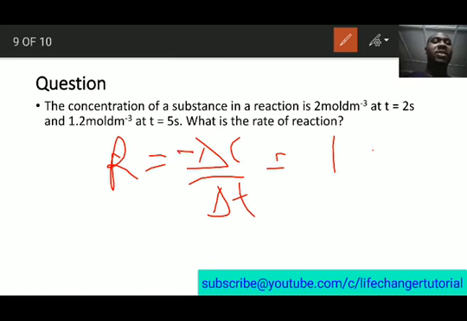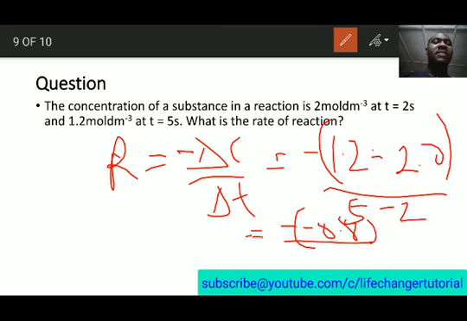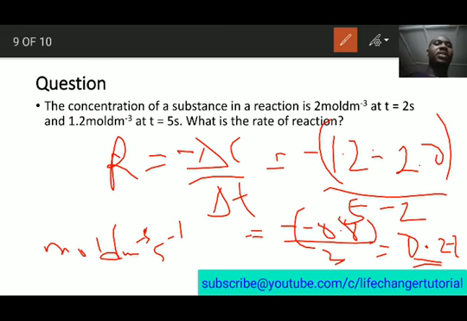The rate here should have a minus sign, so that would be minus (1.2 minus 2.0) divided by change in time, which is 5 minus 2. So minus (1.2 minus 2.0) gives us minus (minus 0.8), divided by 3. If you divide that, you get 0.27 approximately. The unit will be mole per dm cube per second, because we are dealing with concentration here.